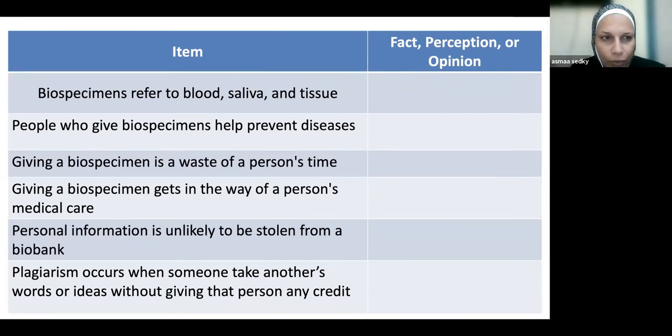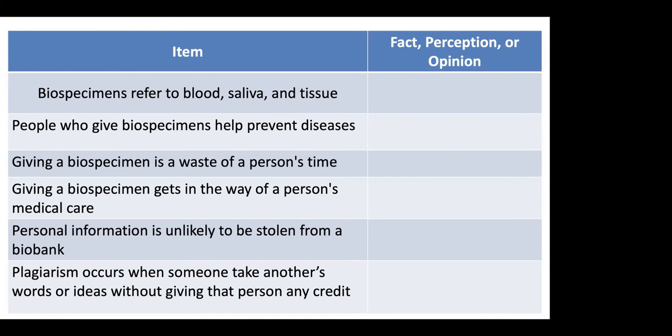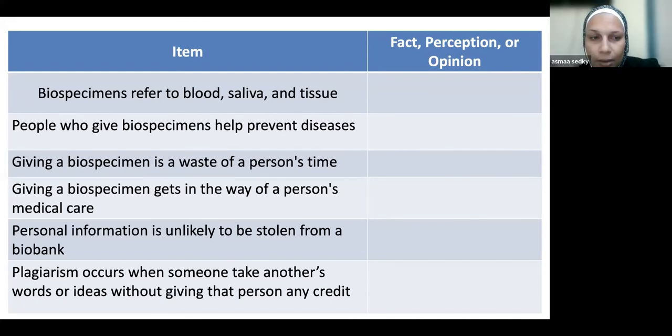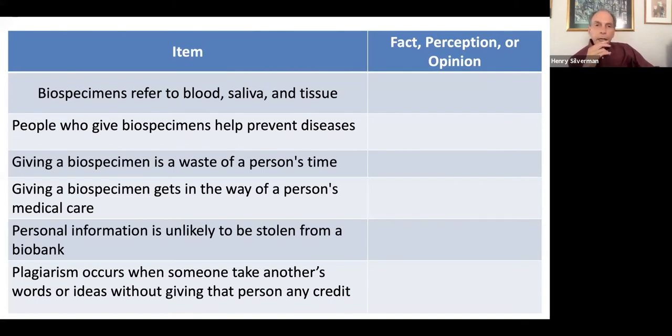But regarding number two, why is this a perception? It's a little bit confusing. Well, is it a fact? No, it's not a fact. There is no proof, but it's maybe opinion.